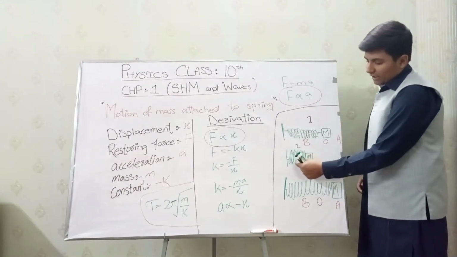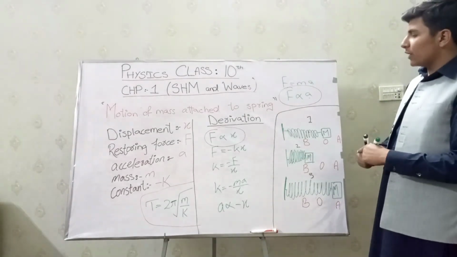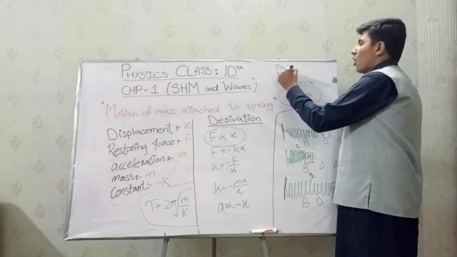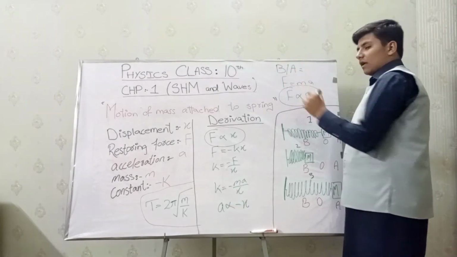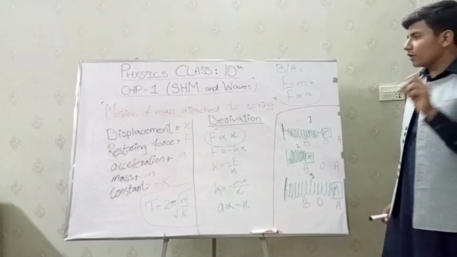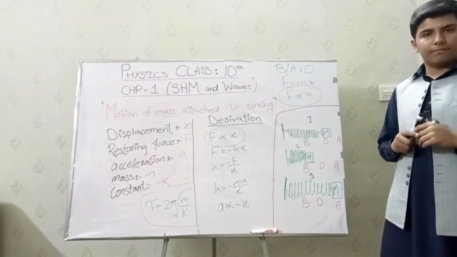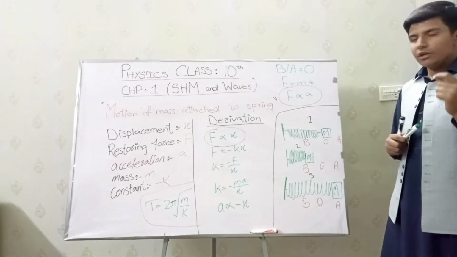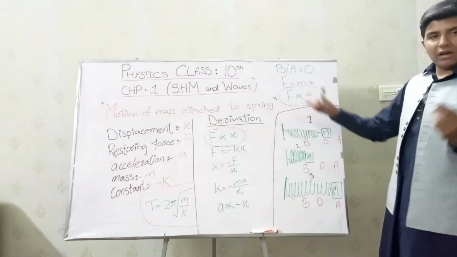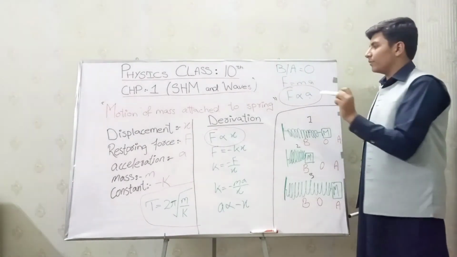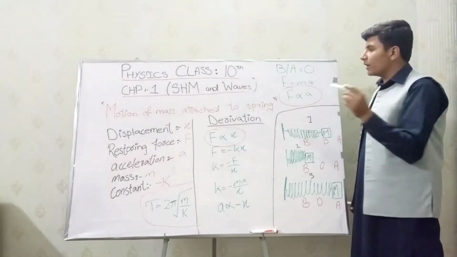Now, at the extreme position, I'll be telling you one thing. At extreme position B or A, the acceleration will be 0 or minimum. And what will be maximum here?